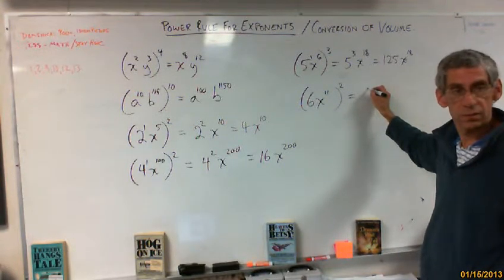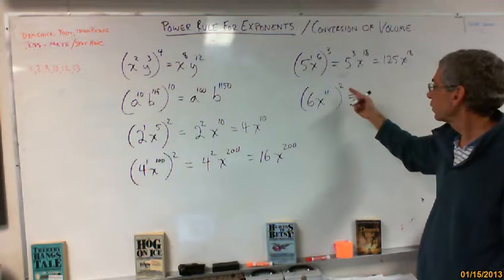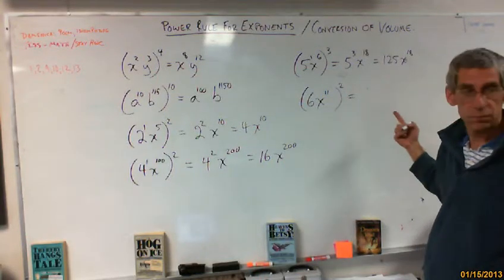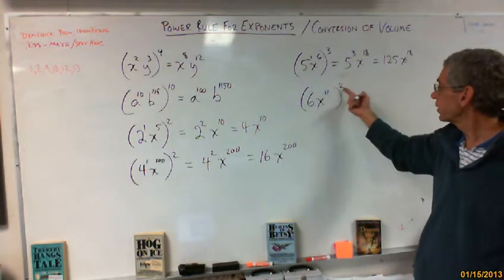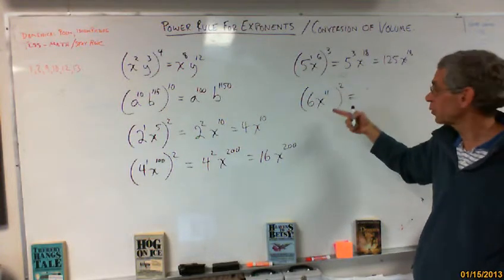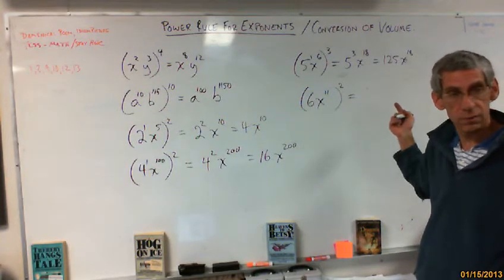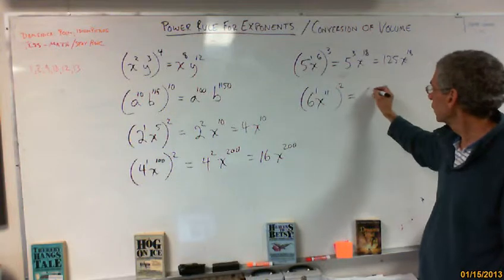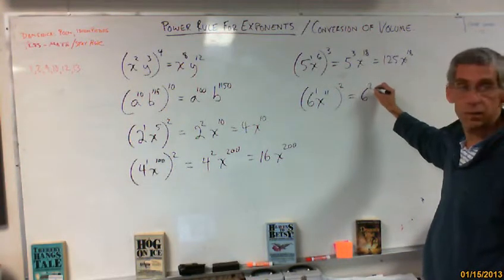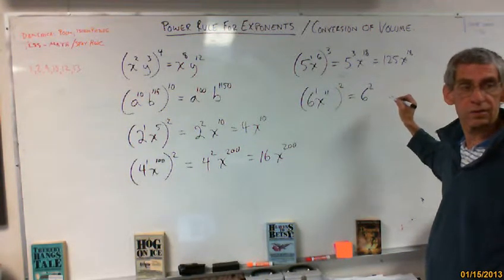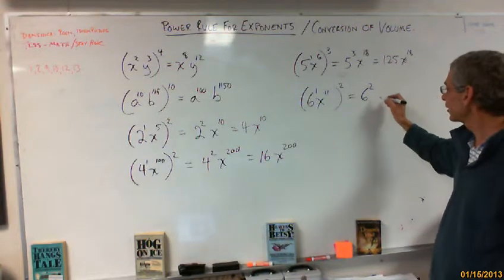Say what? It's 6x squared, right? Well, no. This is going to be multiplied times each exponent. What's the hidden exponent? So 6 squared. I know that. Oh, you said 6x squared. Okay, 6 squared.